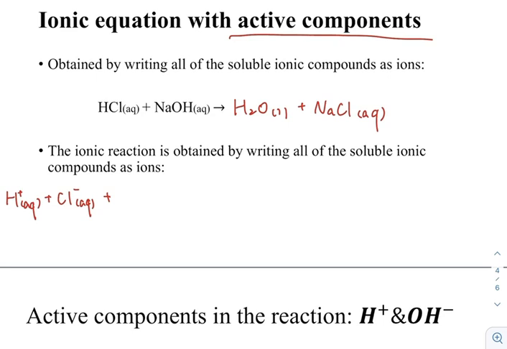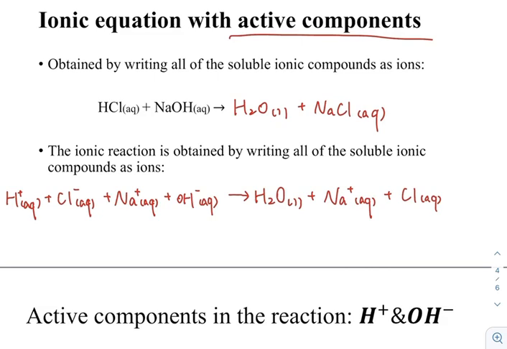And then sodium hydroxide will be in the form of sodium cations and hydroxide anions. And then in its final product side, we will see the formation of water, liquid form, and sodium cations and chlorine anions, right?